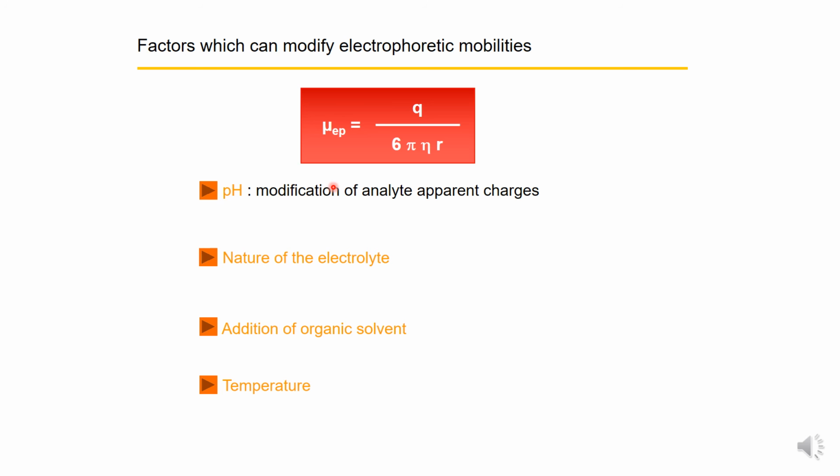It is impossible to separate the neutral compound. We have the nature of the electrolyte. So of course, we have to be careful about the nature of the electrolyte and the ions in the electrolyte. We can also have some addition of organic solvent and temperature. I will focus on the pH for this part.